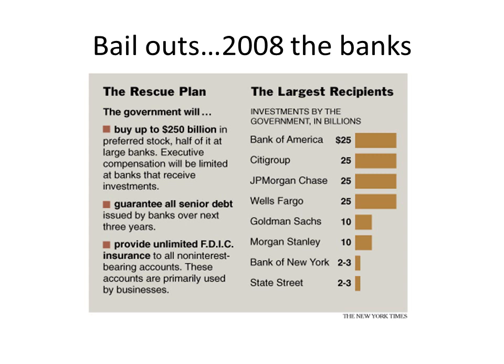So here was our rescue plan. The government was going to buy up to 250 billion. I can't even say the number, it's so high. 250 billion in stock, and half of it at large banks.